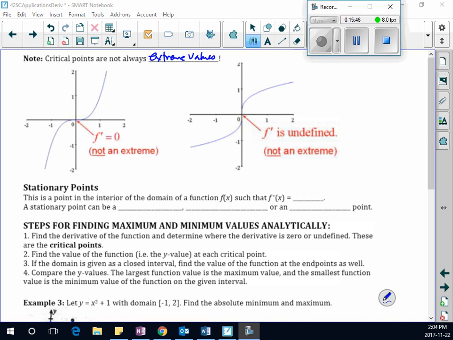Okay, stationary points. This is a point in the interior of the domain of a function such that f prime of x equals 0. A stationary point can be a max, min, or an inflection point.